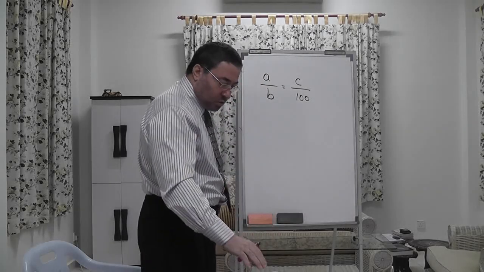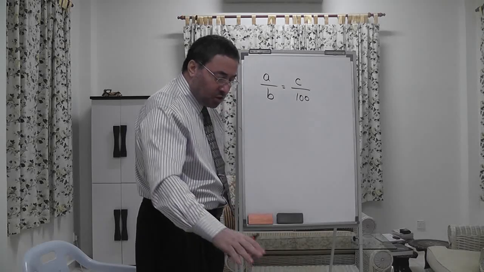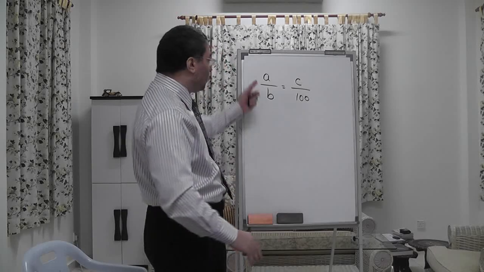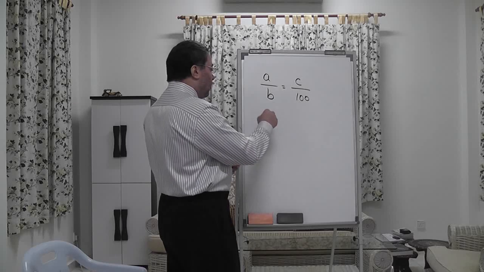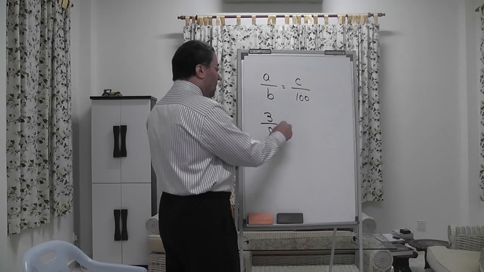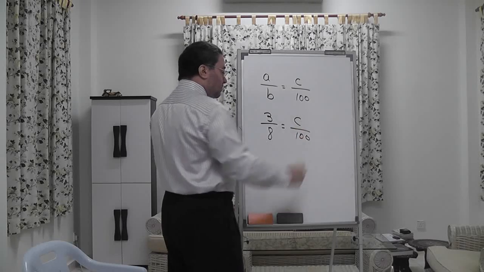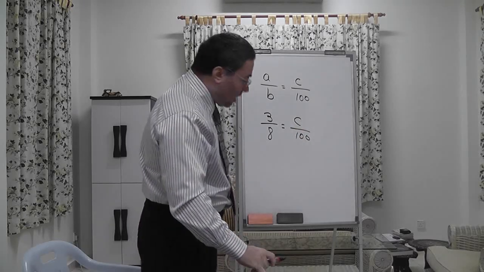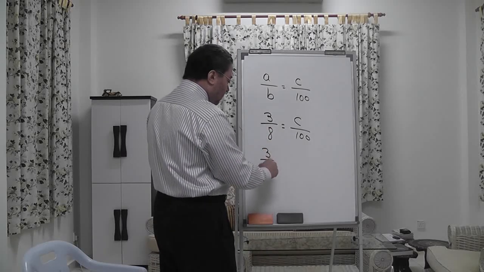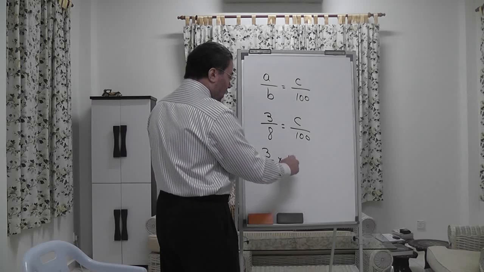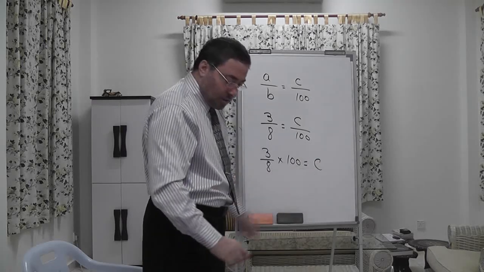Now, example number 2, finding what percent one number is of another. So here you are comparing two numbers. 3 is what percent of 8? So I have 3 out of 8 is what percent? So this is the missing number. And here we have the original fraction. We multiply both sides by 100 and we get our percentage.